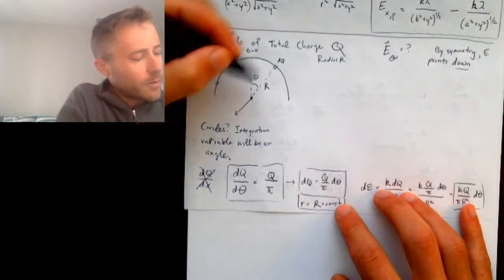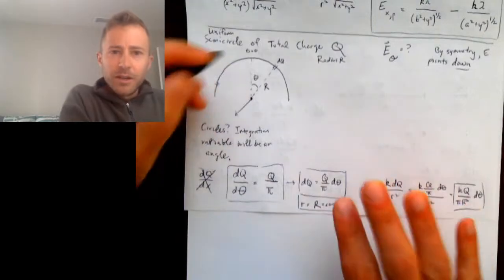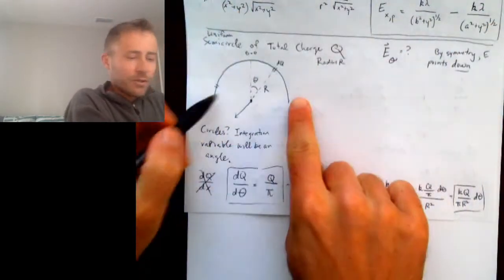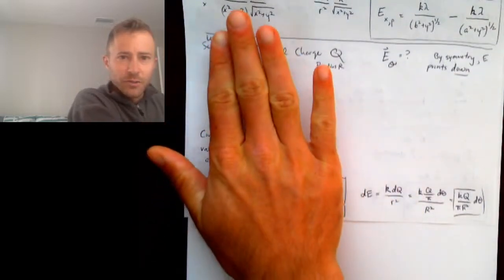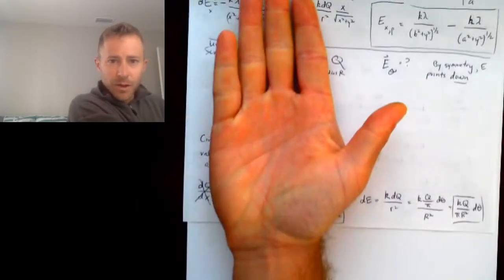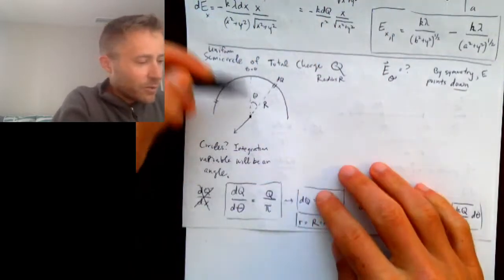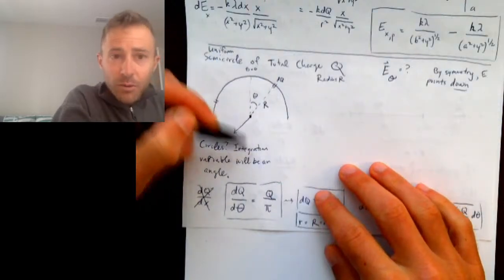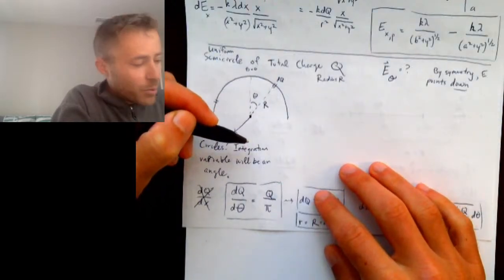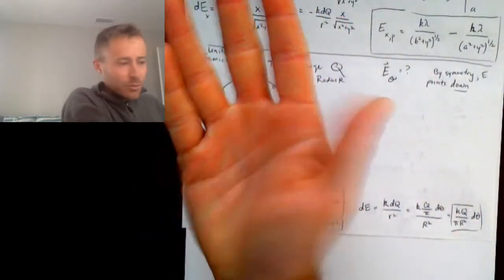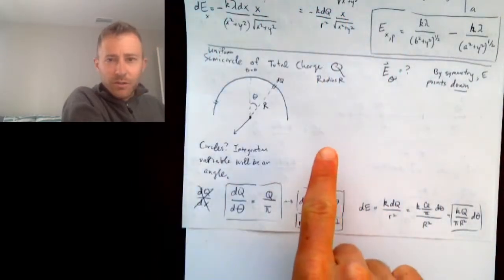Now, because of the symmetry of the problem, if I take this charge distribution and flip it this way, it's the same charge distribution. So the direction of the electric field has to point downward. If it pointed side to side at all, then when we flipped the charge distribution, we would also flip the direction of the electric field.